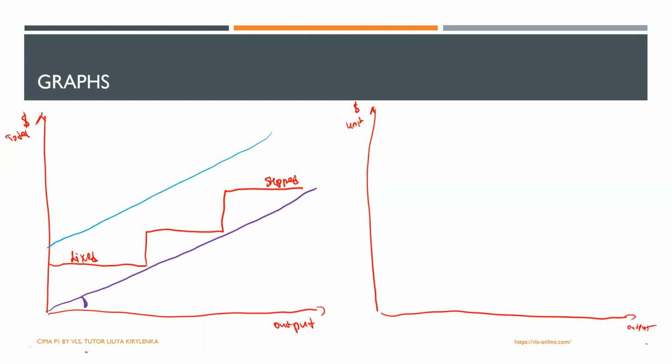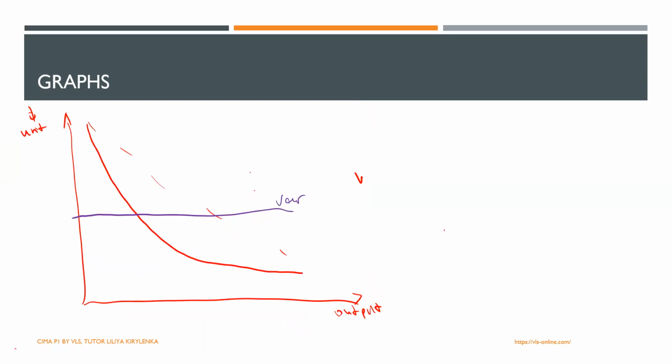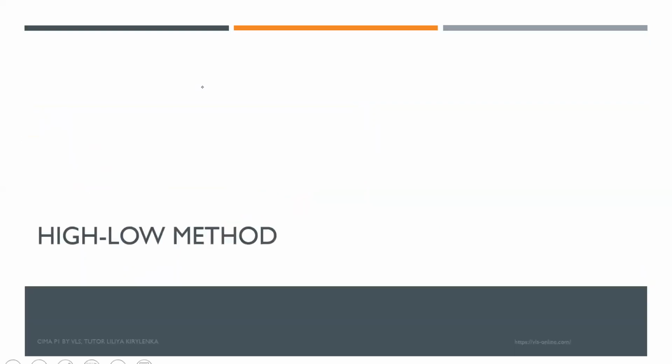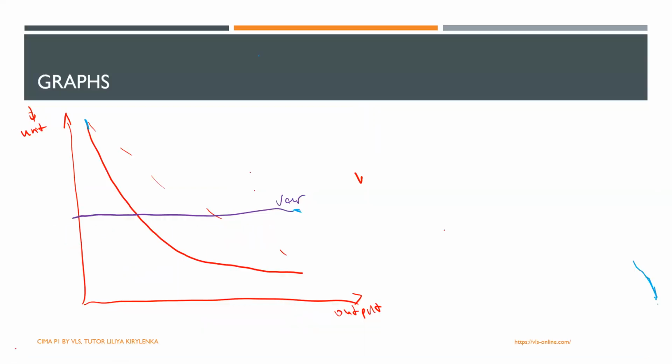And what's going to happen if we want to calculate cost per unit? The fixed part is going to follow this pattern, and the variable part is going to follow this pattern. So in the end, what we are going to get is something like that. Oops, sorry for that. Something is terribly wrong with this presentation today.